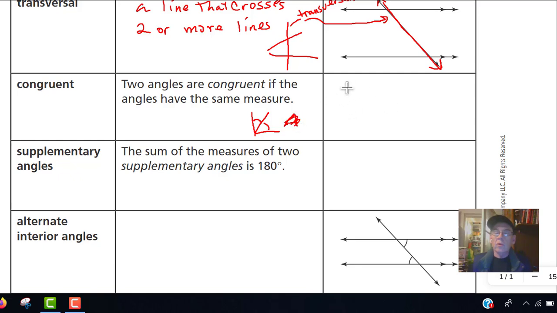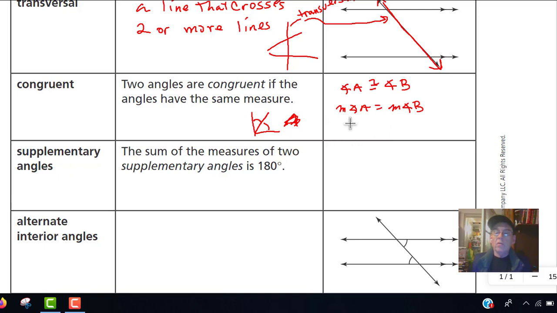So the notation for two angles that are congruent: we'd say angle A is congruent to angle B. The measure of angle A is equal to the measure of angle B. That comes from the definition of congruent.